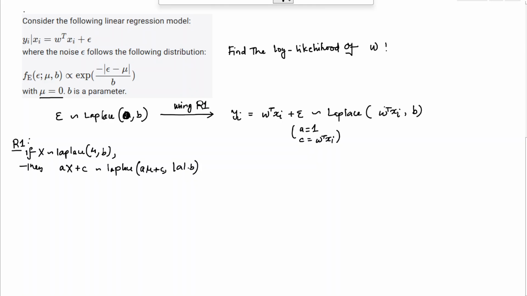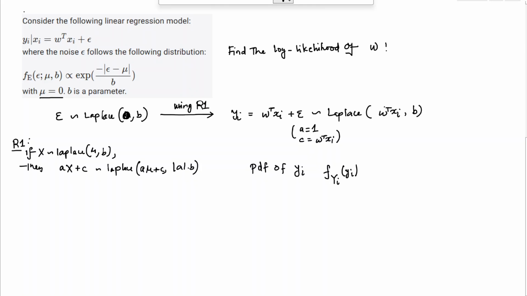So if this is the case, then what is the PDF of yi? Let me write the PDF of yi.